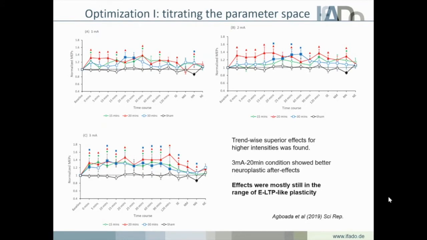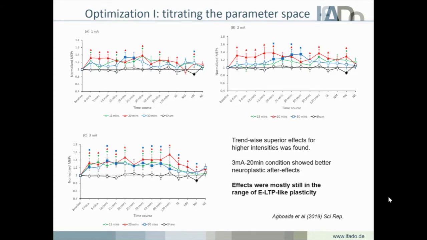But we did not see any significant difference between protocols of 1 and 2 milliamperes or stimulation durations of 15, 20, and 30 minutes. What we observed was a slight enhancement with protocols of 3 milliampere, which was not significant, but it was a trend-wise effect where the more intense stimulation showed slightly better cortical excitability.